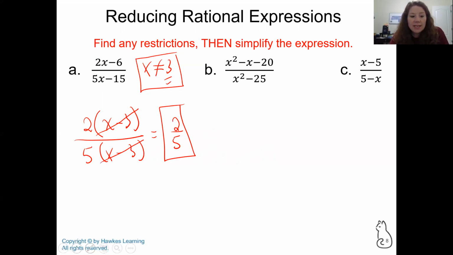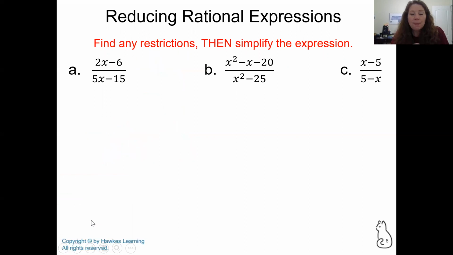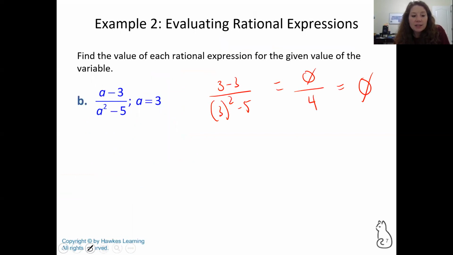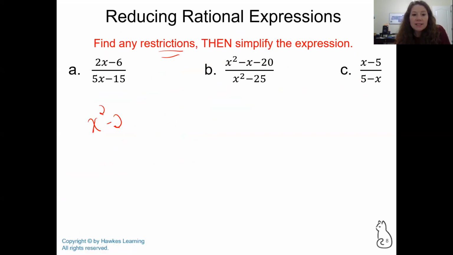All right, let's look at the next one. So my restrictions, I'm only worried about the denominator. Well, this is the difference of squares. So I know I can simplify this by finding the square root of x squared, square root of 25.